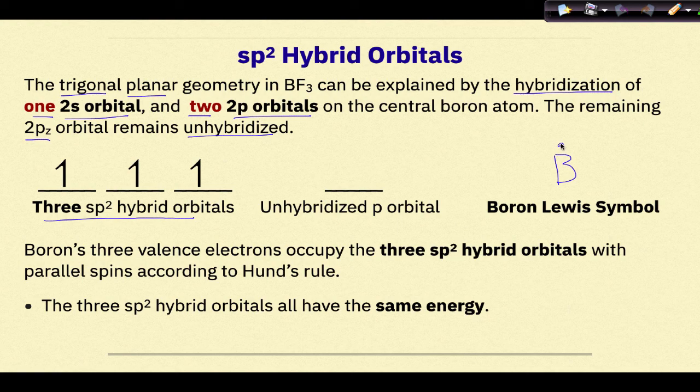So we can say 1, 2, 3. Boron's 3 valence electrons occupy the 3 sp2 hybrid orbitals with parallel spins according to Hund's rule. The 3 sp2 hybrid orbitals all have the same energy. In other words, they're degenerate.